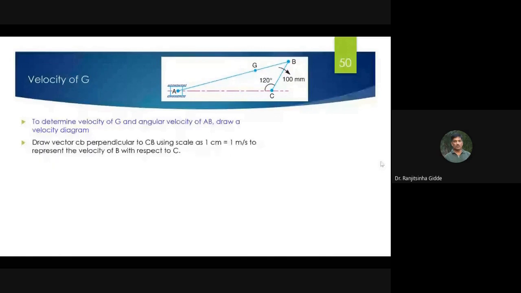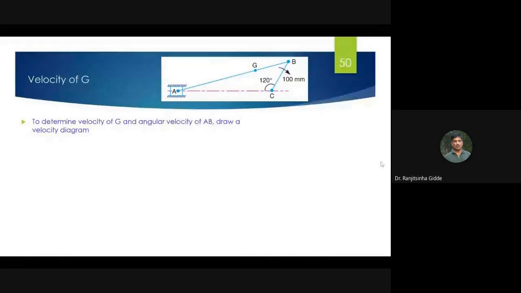Okay, next line you can write, to determine the velocity of G and angular velocity of AB, draw a velocity diagram.